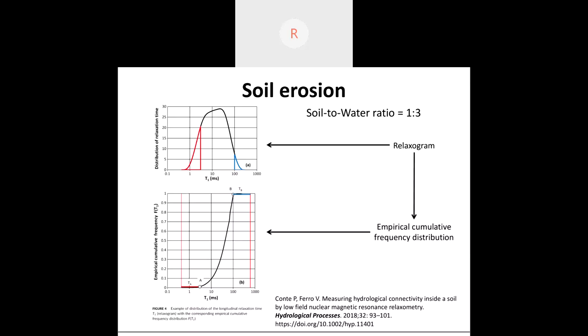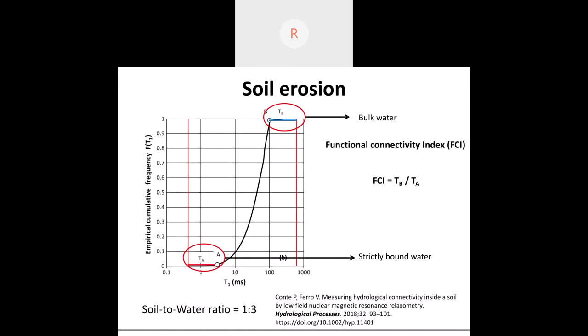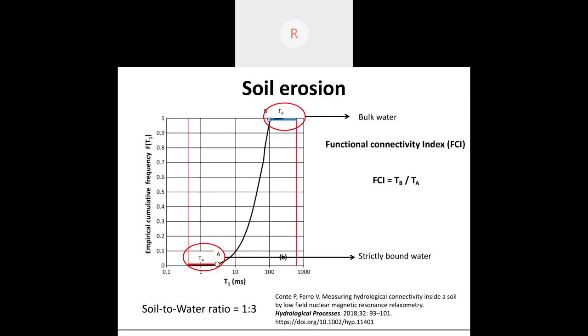But by using this approach, we can measure the ratio between TB and TA, and we can say that this ratio is an index of the functional connectivity, just because from an ideal point of view, TB is the relaxation time of the bulk water, while TA is the ensemble of the relaxation times of the strictly bound water.